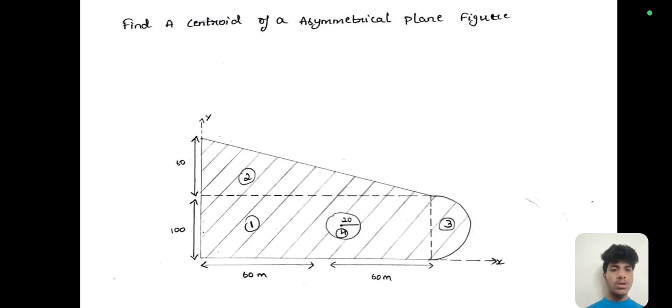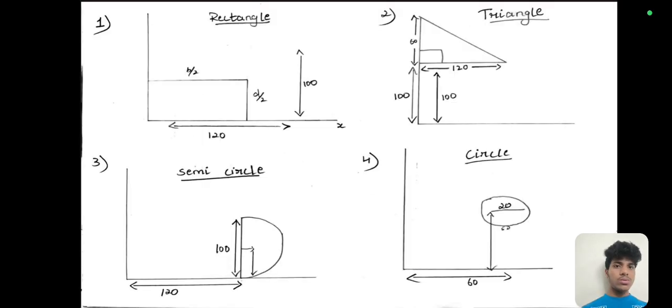As you can see, first we have a rectangle, second a triangle, third a semicircle, and fourth a circle. So I will show. As I told, first we have rectangle, triangle, semicircle and circle.